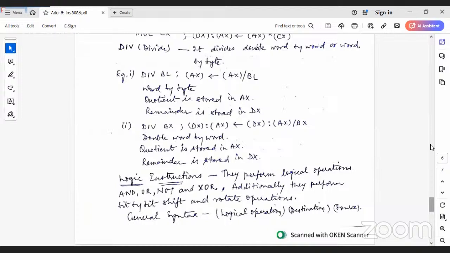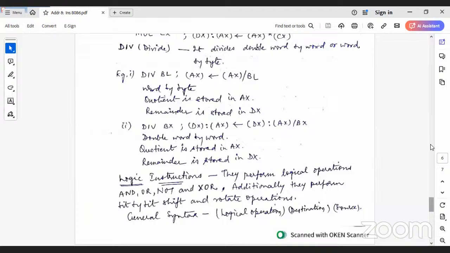Now in the division, always the numerator will be more than the denominator, is it not? That is why they will tell it in terms of words.